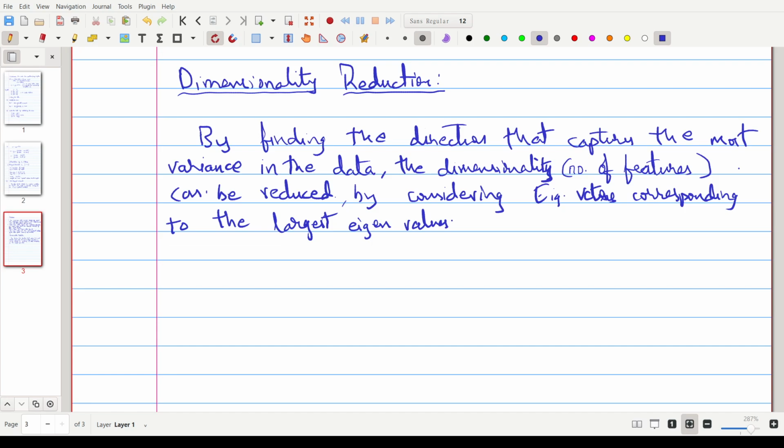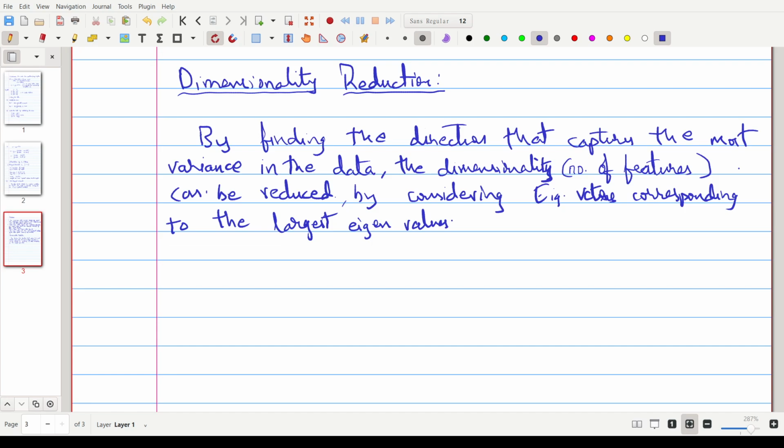Now we step into the domain of principal component analysis by introducing the concept of dimensionality reduction. By finding the direction that captures the most variance in the data, the dimensionality, or number of features, can be reduced.